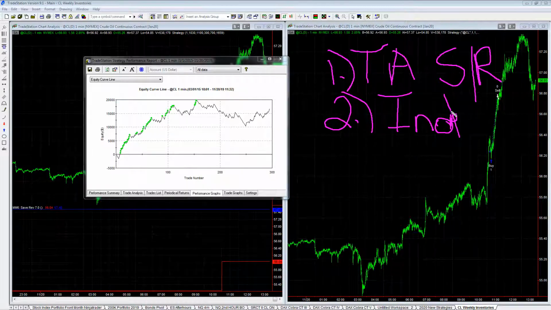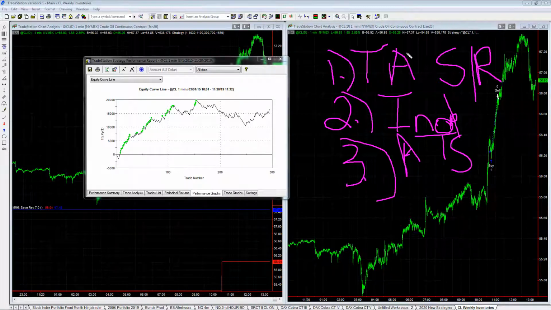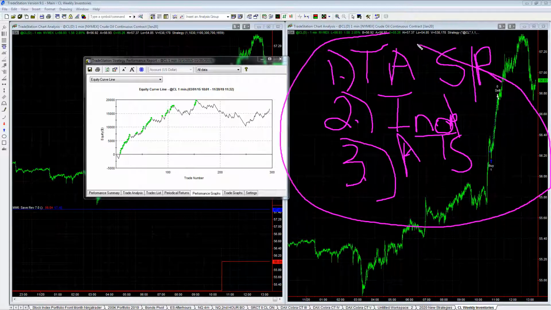But the data we're using does not have historical data. Market depth data is not historical, and it's hard to backtest. It's hard to get a good copy of it and maintain the records on that. And number three is with an automated trading system, and that's Crude Oil Weekly Inventories. So that's three ways you could have traded crude oil today to capture this move.